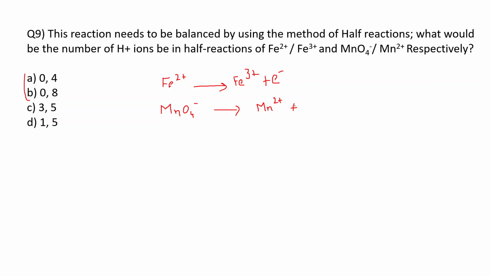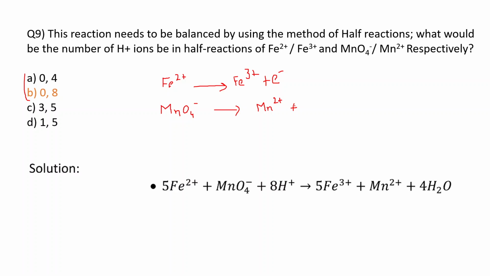On the other side, we can form water. These things are very well explained in the classes. So the number of hydrogen will be 8. So this is the properly balanced reaction: MnO4 negative plus 8H+ is equal to Mn2+. So how much H+ is given? 8. So this is your solution.